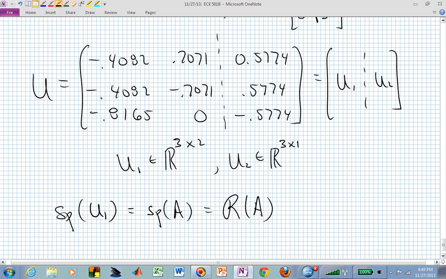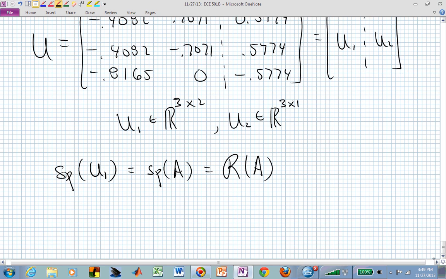So the third column is orthogonal to the first 2. So it must be in an orthogonal complement, which means that if I wanted a basis for the orthogonal complement to the range space of A, I have it in the columns of U sub 2, in this case just 1.